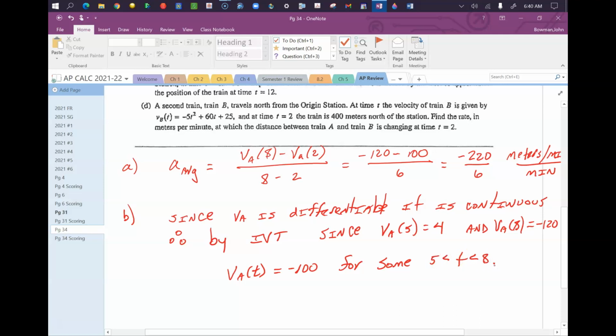You have to invoke the intermediate value theorem there. You have to justify using it because the velocity function is differentiable and therefore continuous.